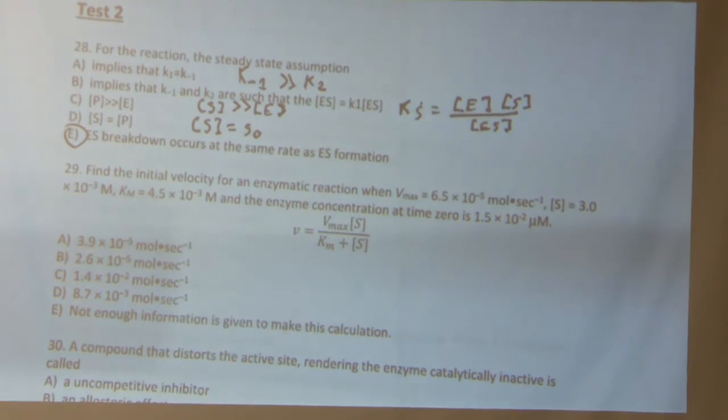So for 29, find the initial velocity for an enzymatic reaction when Vmax is 6.5 times 10 to the power of negative 5 moles per second. The substrate concentration is 3 times 10 to the power of negative 3 moles. Km is equal to 4.5 times 10 to the power of negative 3 moles. And the enzyme's concentration at time 0 is 1.5 times 10 to the negative 2 micromolar.